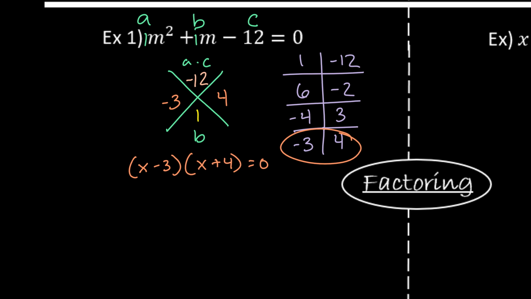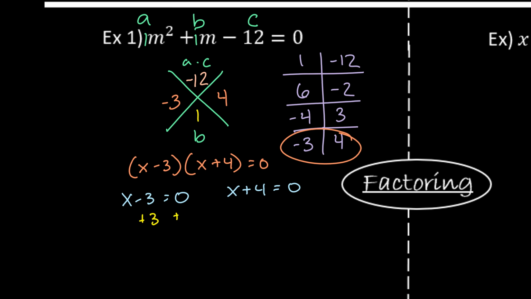So, yes, in order to find the solutions, which a solution is x equals something, right? What we can do here is set each one of these individually equal to 0. So x minus 3 equals 0 and x plus 4 equals 0. And then how do we get x by itself here?